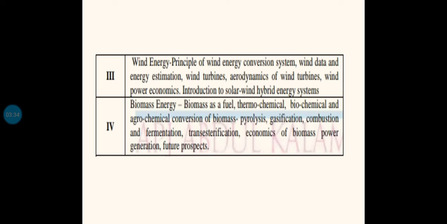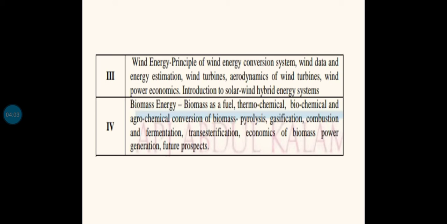Now moving on to the fourth module, which comes under biomass energy. This is also popularly used nowadays. How biomass is utilized as a fuel. Then comes thermochemical reaction, how biomass is converted into energy. Then comes biochemical and agrochemical conversion of biomass: pyrolysis, gasification, combustion, fermentation and transesterification.